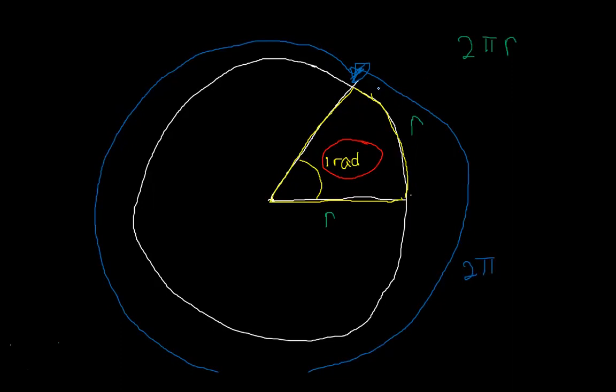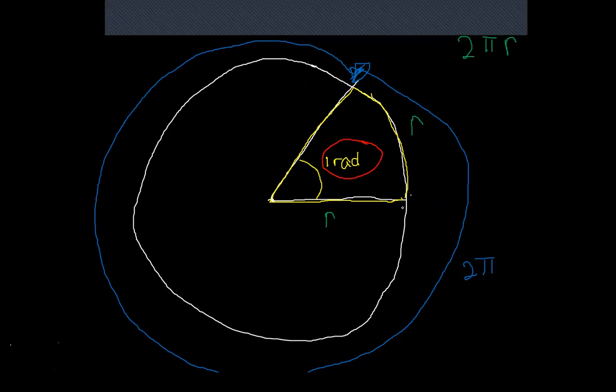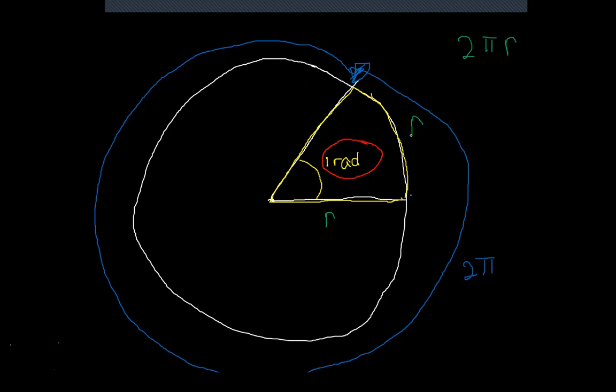Okay. So what I was saying was this whole circle here, how many times can I fit this length r in a whole circle? How many times can I get a length r in a whole circle? And we said it's 2 pi. I can get this r 2 pi times.